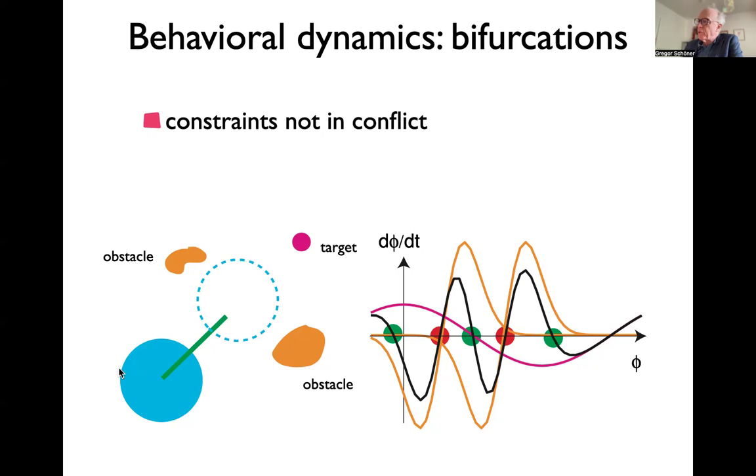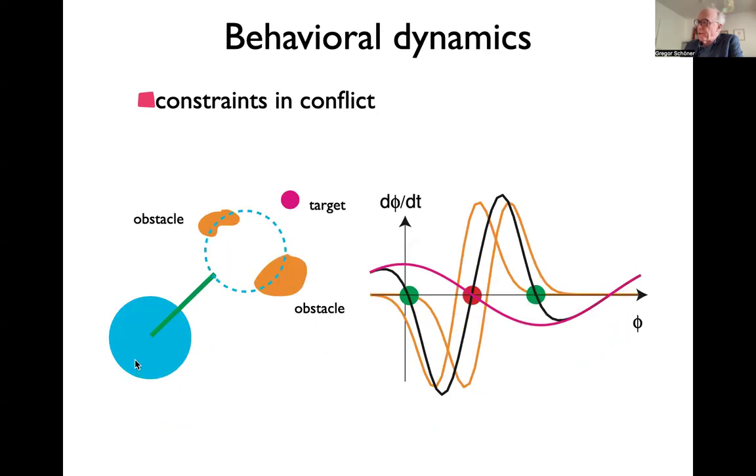And then when we bring these constraints into conflict, we can arrange for the right bifurcation to happen, which wipes out the attractor in the center and replaces it by a single repeller, because now the two repulsive forces overlap so strongly that their sum, this black line, has a single fixed point with a positive slope. And the vote of the target, which has a smaller slope, is weaker and is overruled.